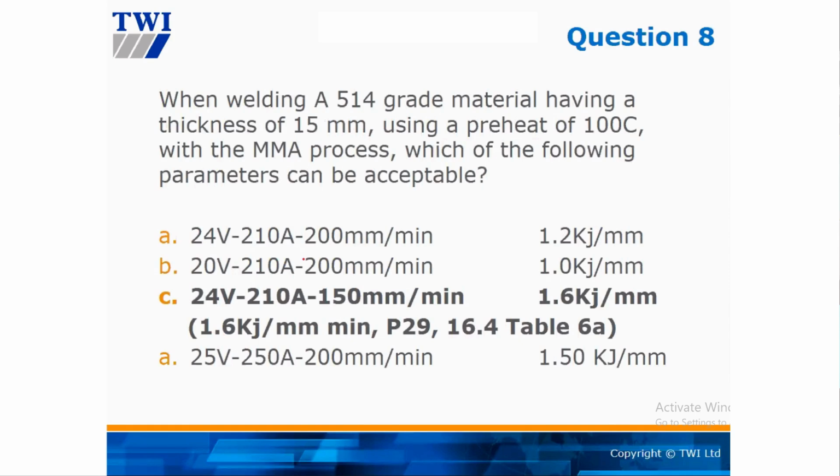8. Welding 514 grade material. So 514 here is quench and temper steel material. Thickness 15, preheat 100 degree. Which of the following parameters is acceptable? All right, then we look at page 29, table 6A.